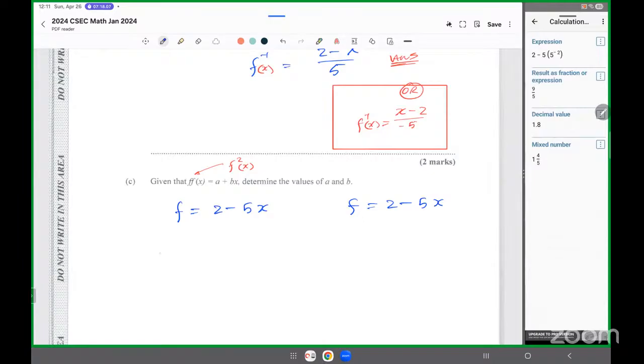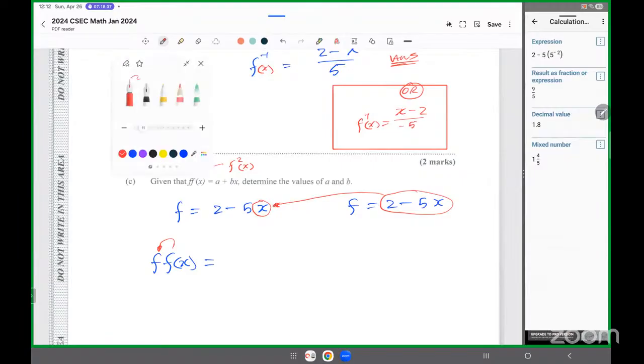And so f of f means f into itself, which becomes equal to: if you take all of this f and put it into the other f where the x is right here. That's why I put f into f.